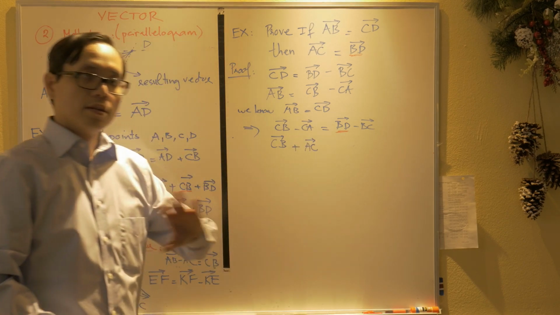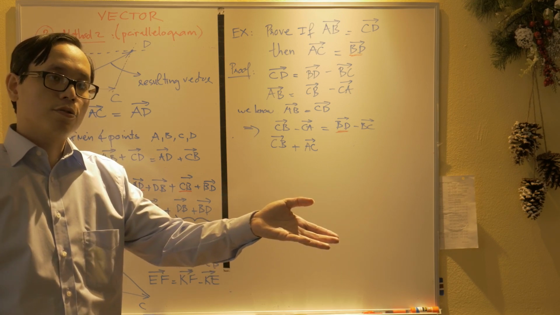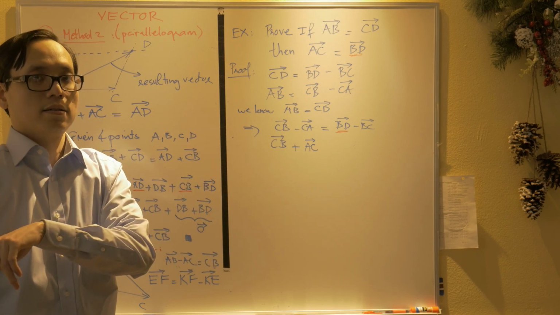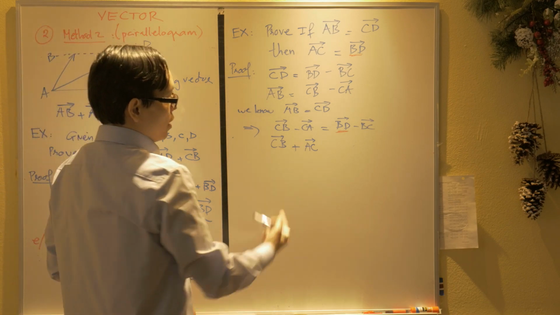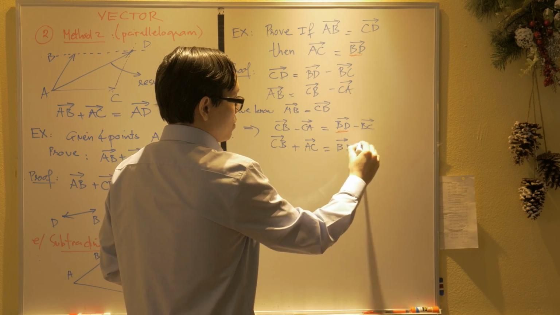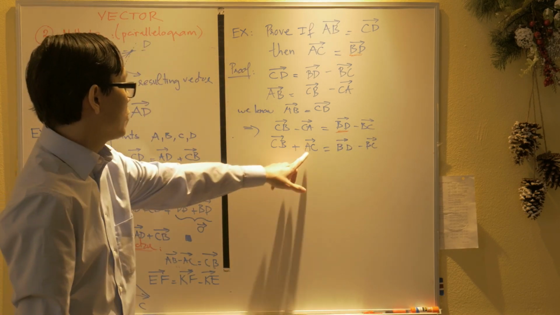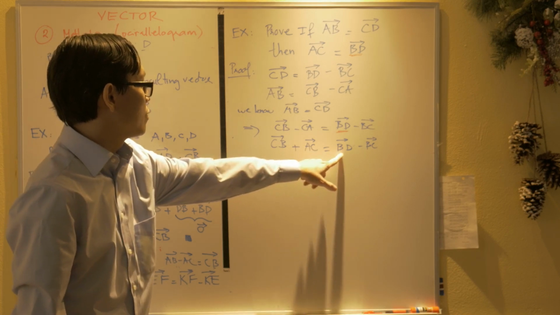Remember, AC vector is equal to the minus of CA vector. They cancel out. So this becomes AC, and then BD we already have, minus BC. So we have AC equal to BD already, right?